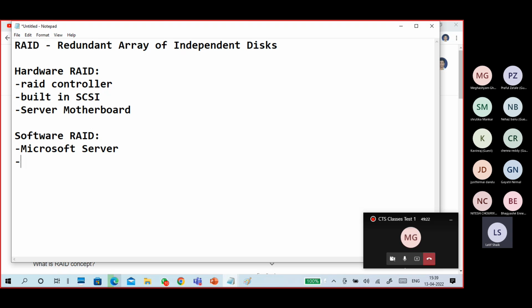Or Linux, or some other disk management applications, you are able to do it. So that is software RAID. Whether it is hardware RAID or software RAID, the RAID levels are RAID levels only, RAID types are RAID types only, RAID facilities are RAID facilities only. It depends upon you to choose it.